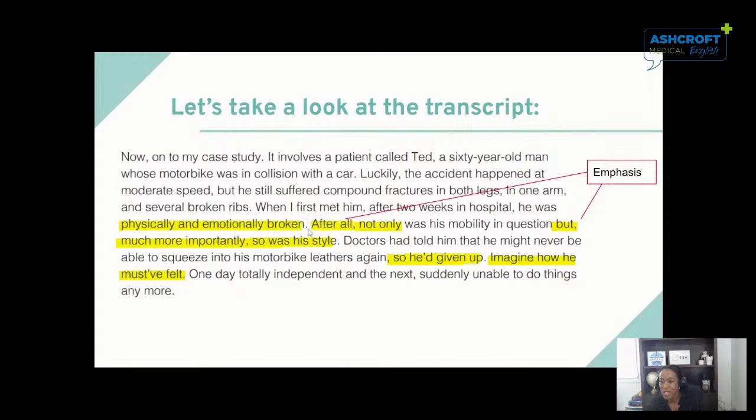So, for example, she says, after all, not only was his mobility in question, but much more importantly, so was his style. Okay, so this helps us understand what point she wants to emphasize. She then goes on to talk about how he'd given up and says, imagine how he must have felt. So this all relates to his state of mind.